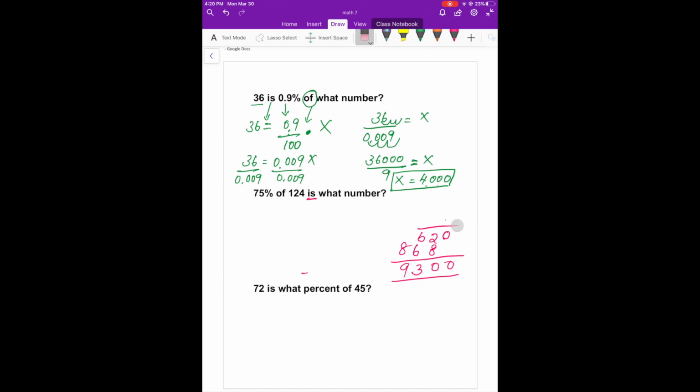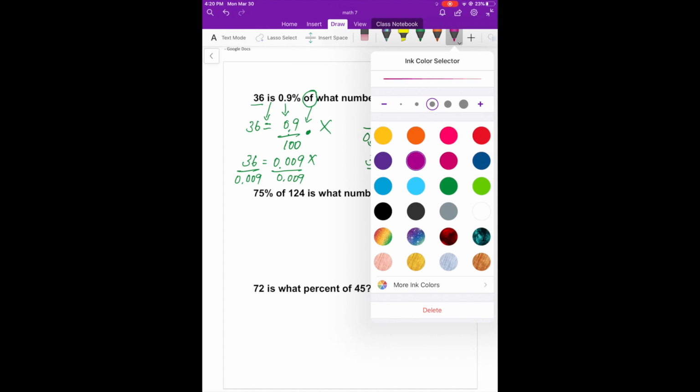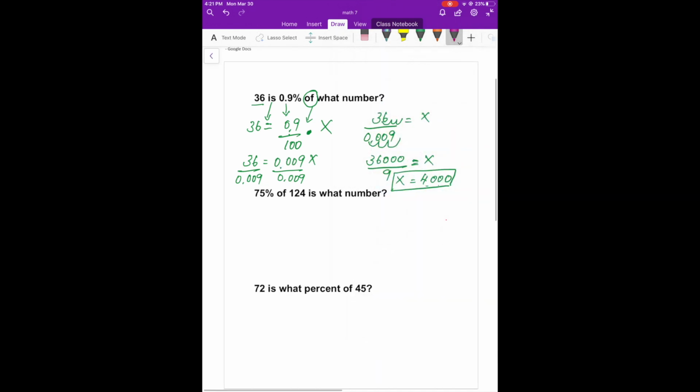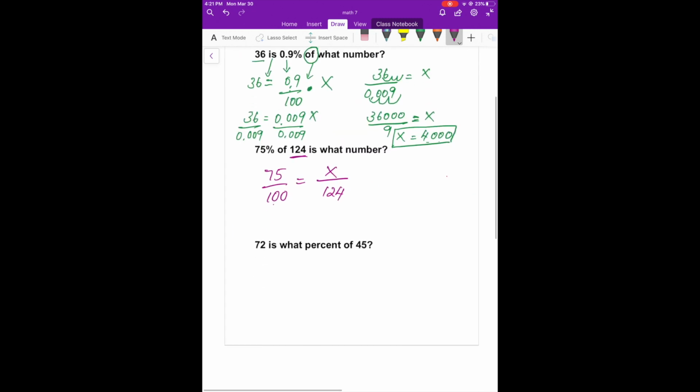I can do proportion also for you. So let's do proportion. If you're using the proportion, you are going to simplify. That will be the easier method because my proportion is, one is the percentage, 75 over 100, and 100 is the total, so 124 is the total. So whole is 124. Now 75 over 100, you already know it's 3/4, so 3/4 is equal to x over 124. Now look at the denominators.